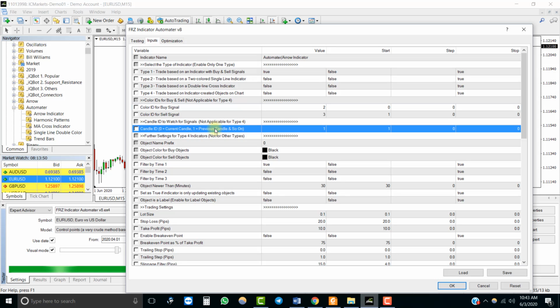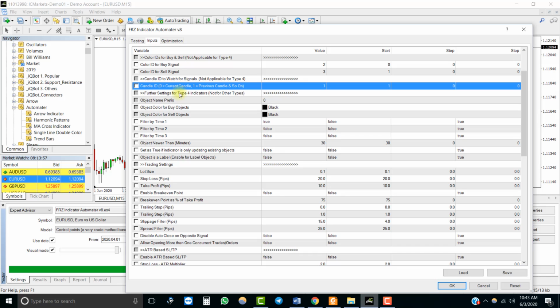For instance, if you have 1 here, the EA will always look at the immediately completed candle for any buy or sell signals. Most indicators tend to repaint within the current candle, and therefore you need to be careful in using 0 here. If your indicator is heavily repainting, then you may consider increasing the candle ID. However, on the other hand, this may lead to delayed trade entries.